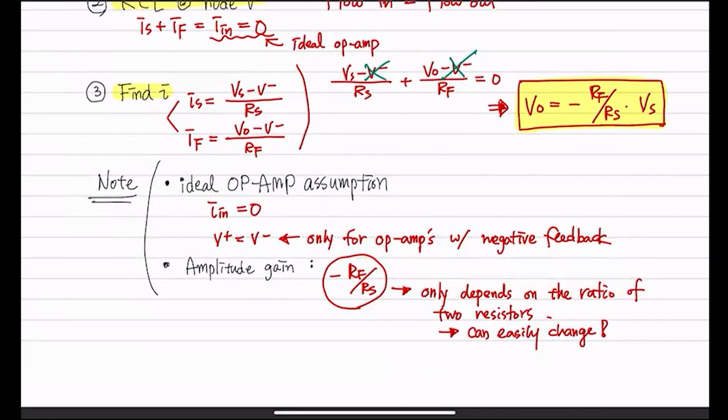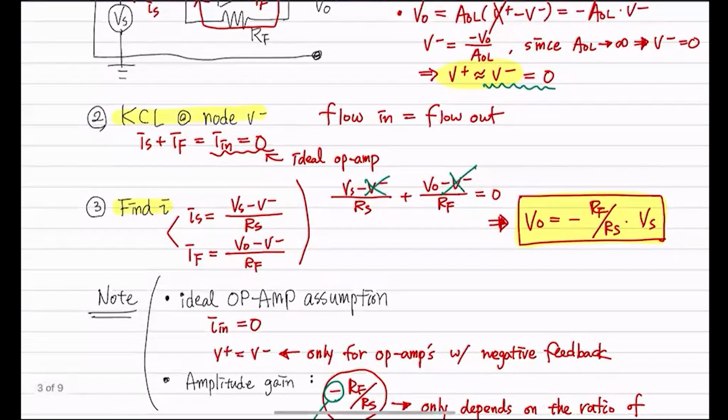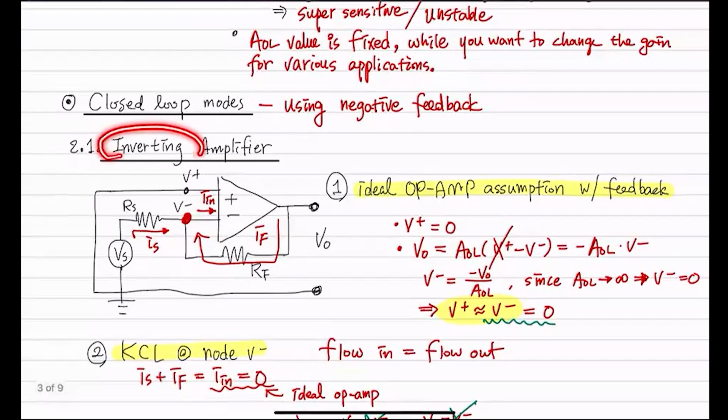You can pick 5 and 2, then it's going to be 2.5 times boosting up. You see what I'm saying? You can easily change that gain value. So it's more like a real amplifier. And also, here is a negative sign, so the output is flipped or inverted. That's the reason why we are calling this an inverting amplifier.